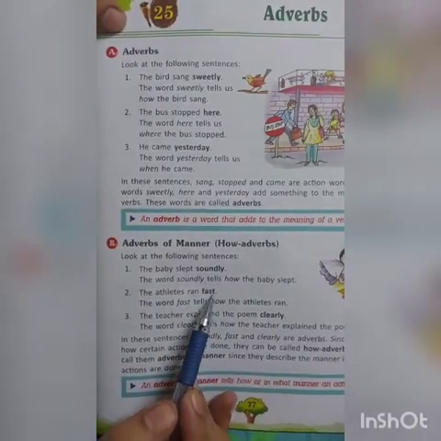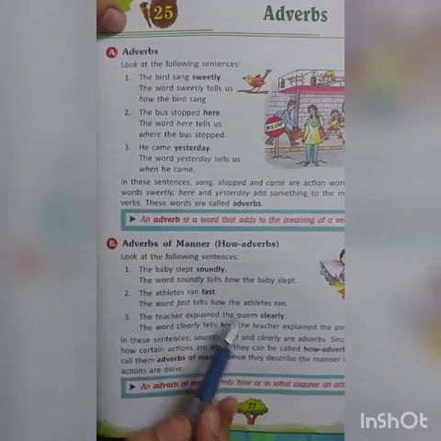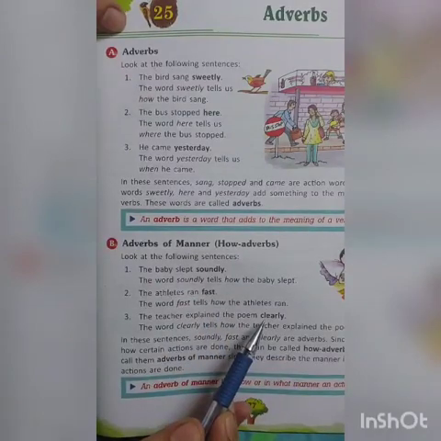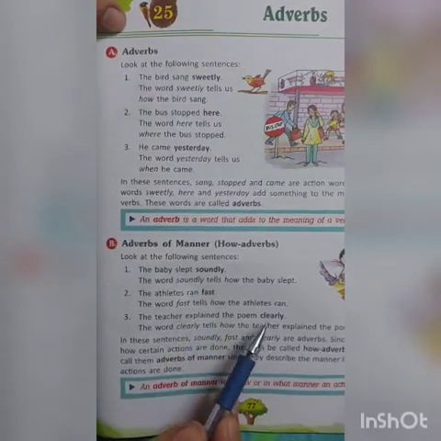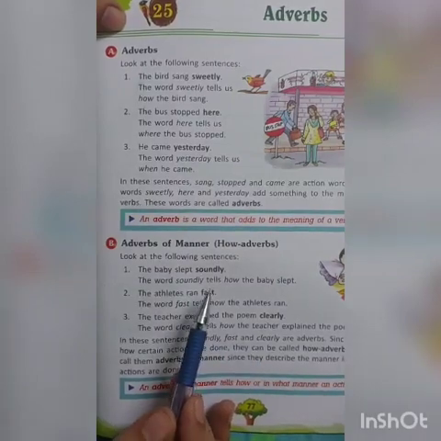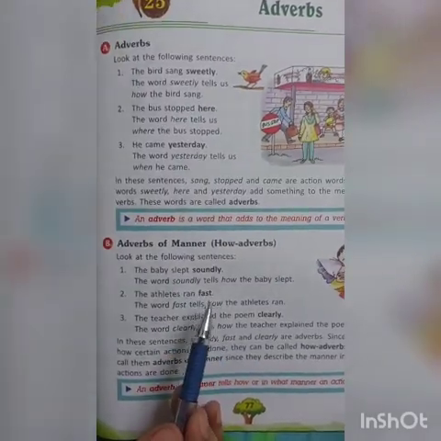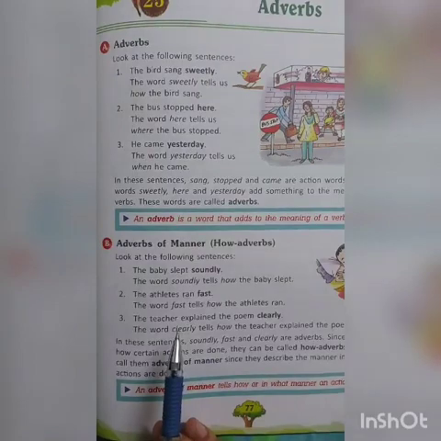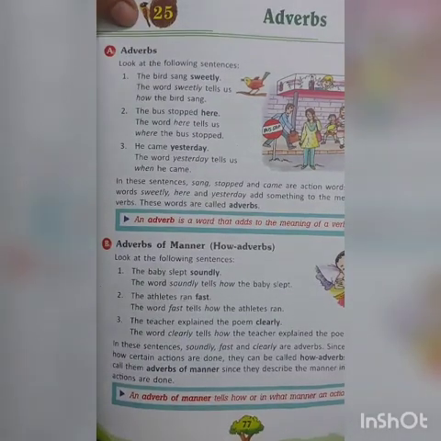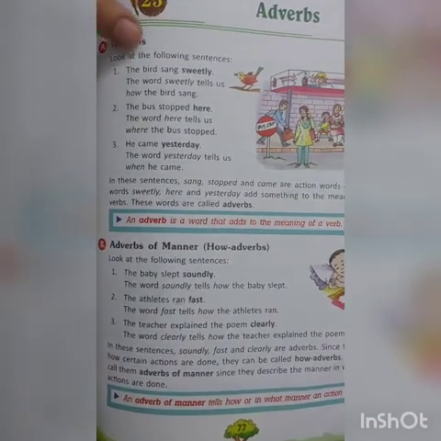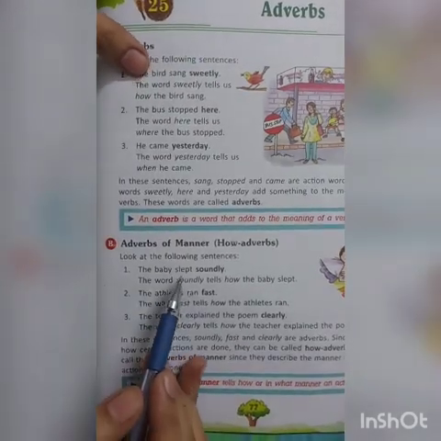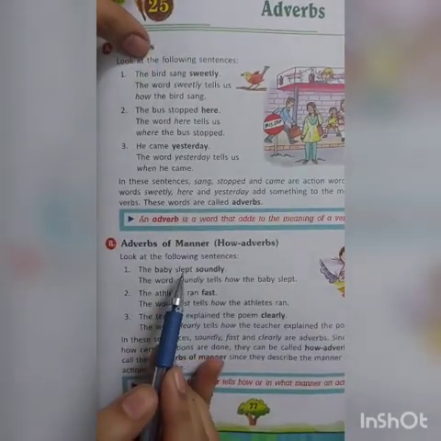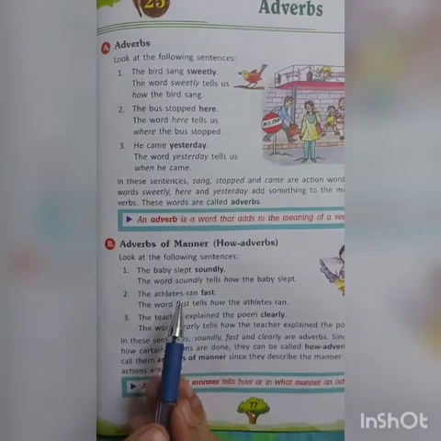Now, soundly, fast, and clearly are what? They are adverbs. They are adverbs of manner. Now we have to see where the adverbs of manner are placed. So children, you can see that the adverbs of manner are placed after the verb they describe.